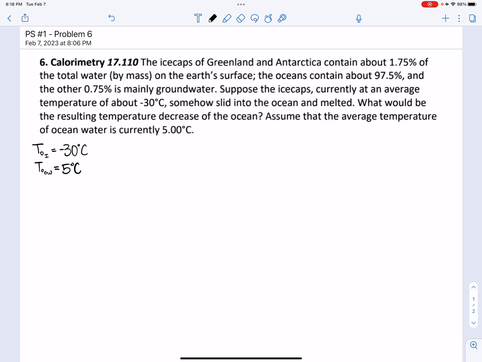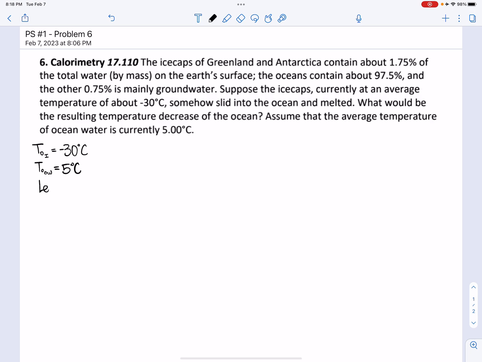And they also say that the ice caps contain about 1.75% of the total water by mass on the Earth's surface, and the oceans contain about 97.5%. Because they didn't give us the mass explicitly, let's make an assumption.